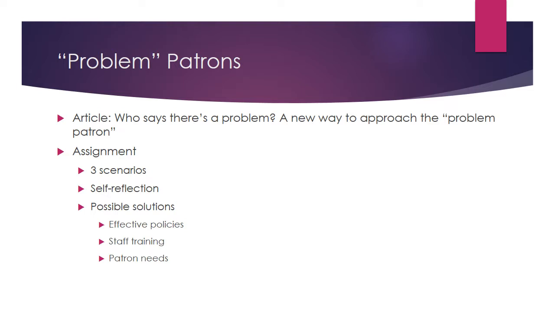Would there be staff training that could come into play to make for a better outcome? Has the organization considered what the patron actually might or might not need that has produced this supposed problem behavior?